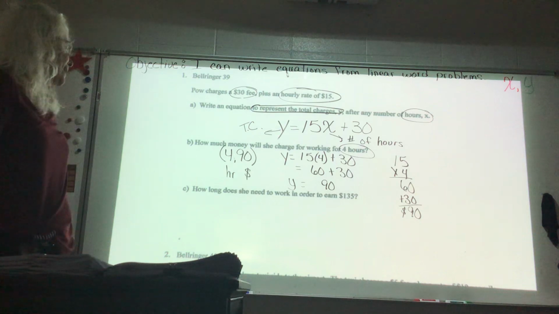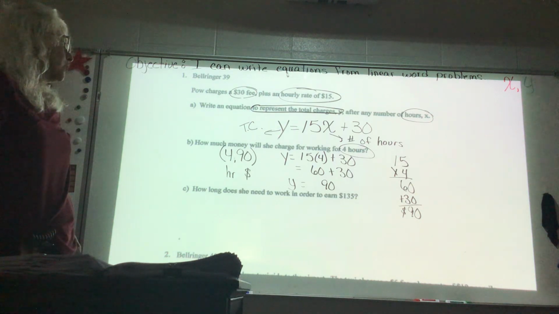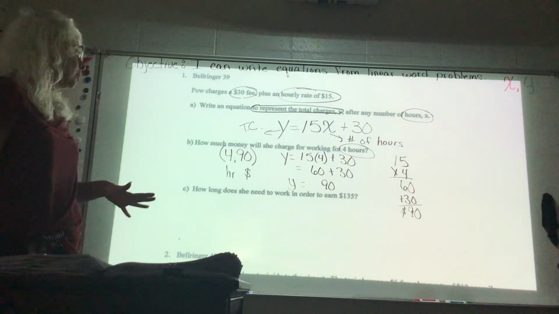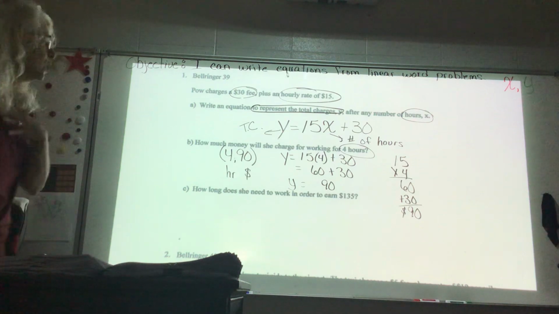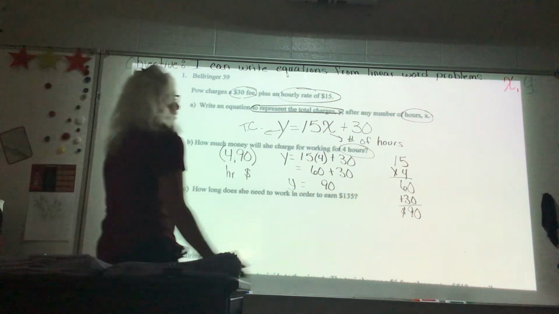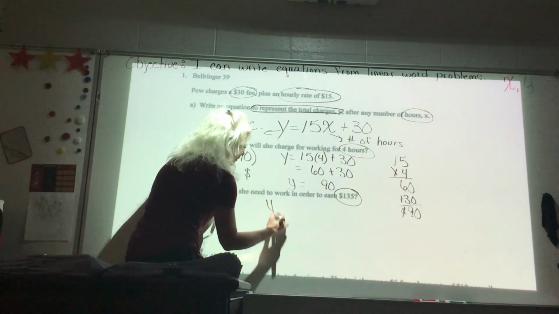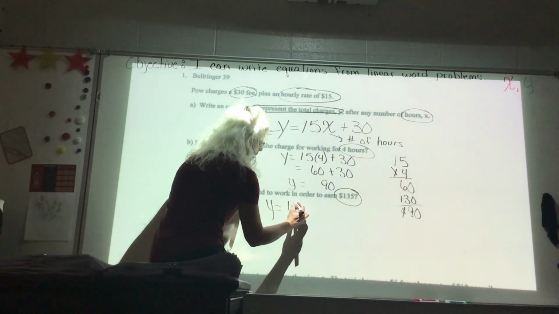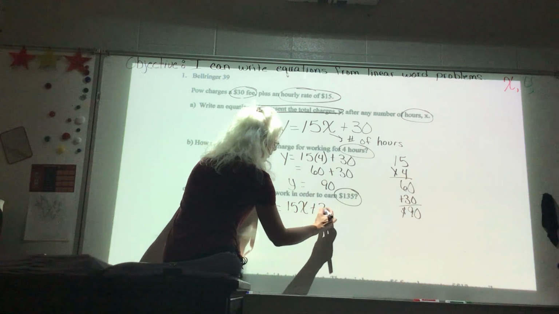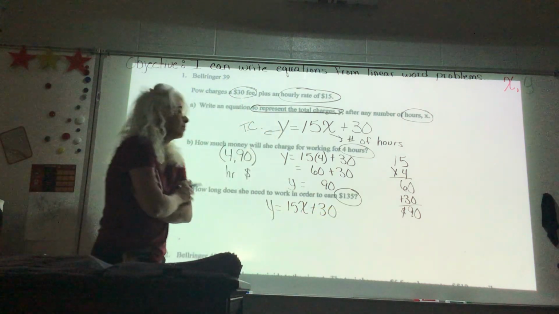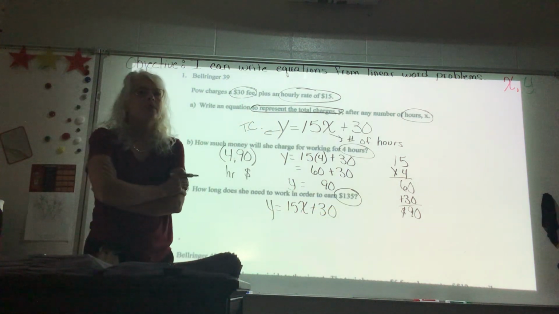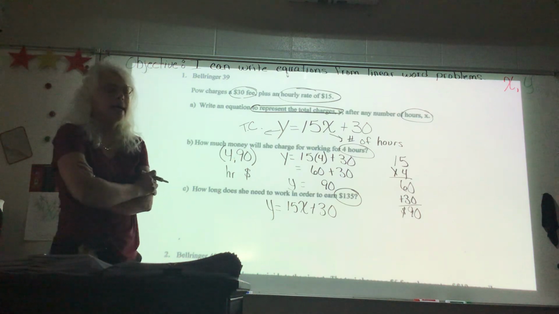On part C, how long does she need to work in order to earn $135? So I'm gonna use my equation. Which variable stands for the money, the X or the Y?